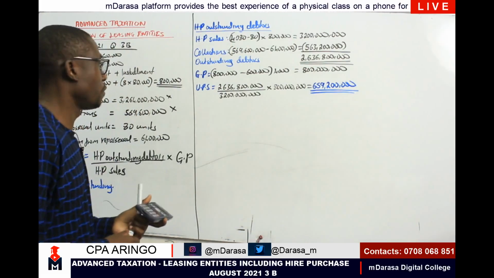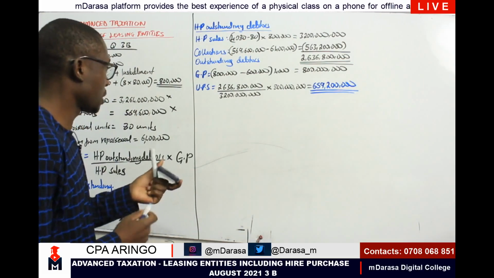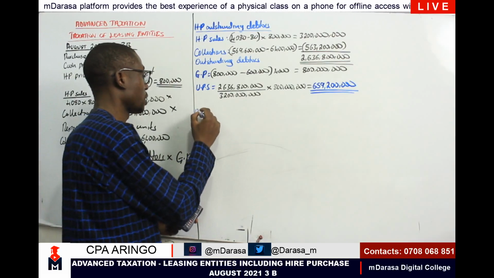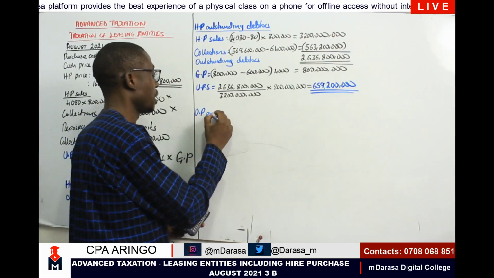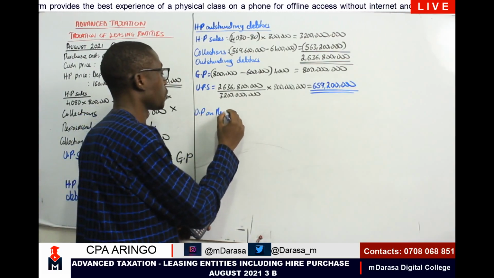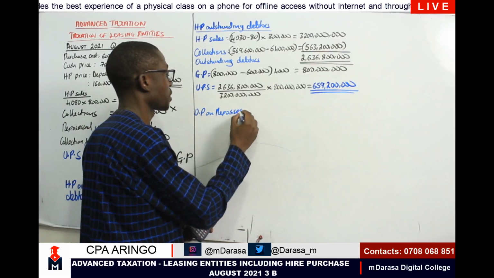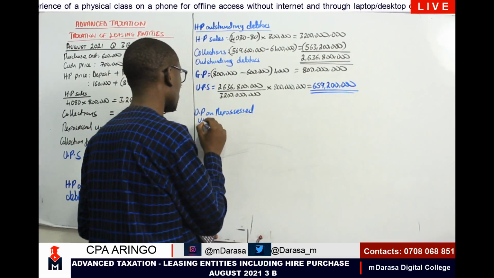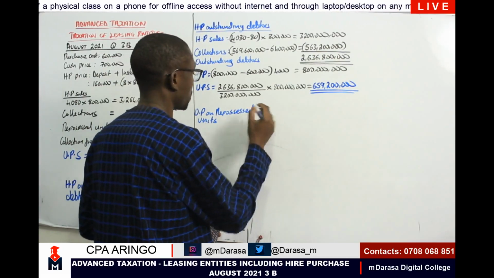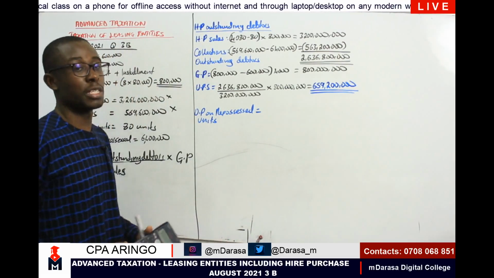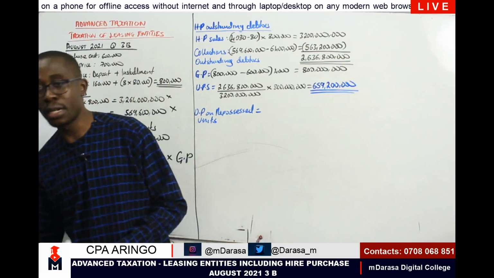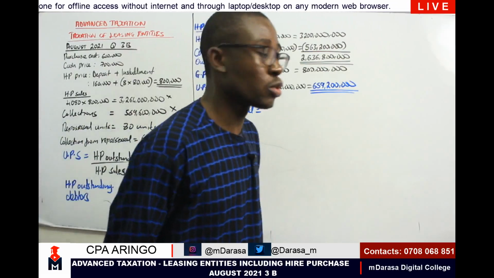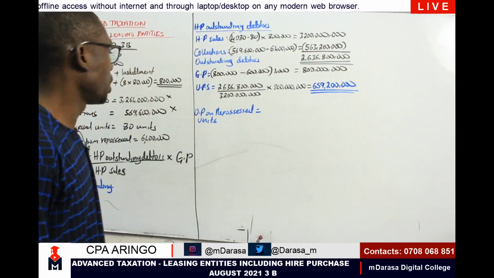It will also be ideal for us to calculate unrealized profit on repossessed goods. The same concept will apply. How will we go about it?